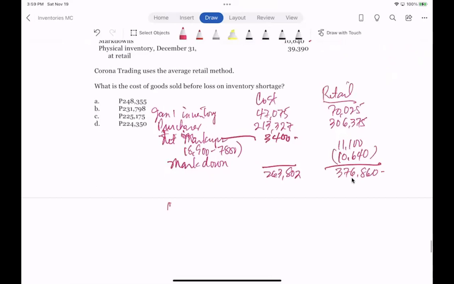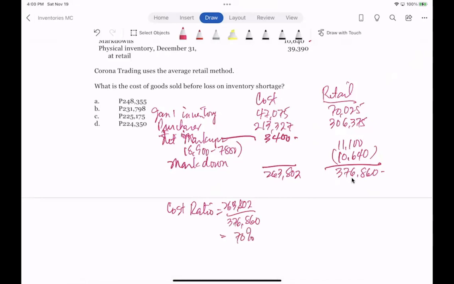Okay, so develop again your cost ratio, which is 263,802 divided by 376,860. This is 70%.